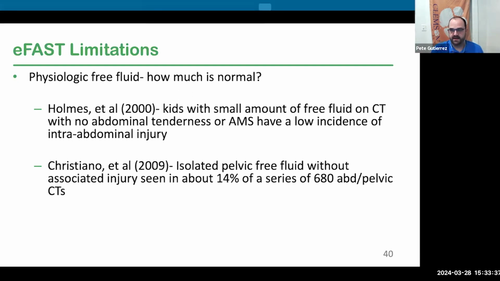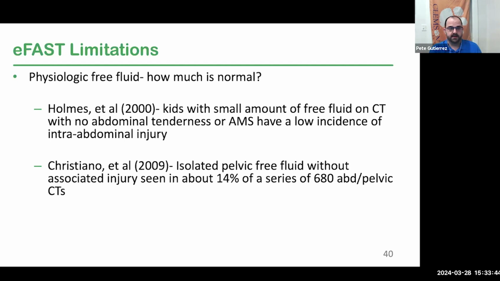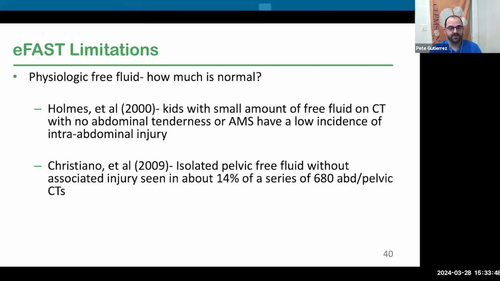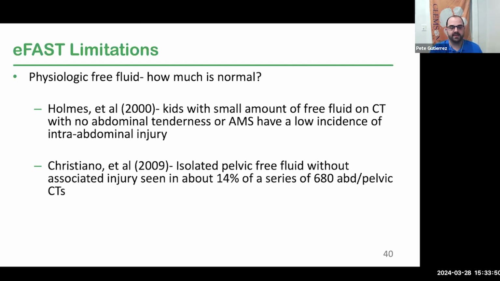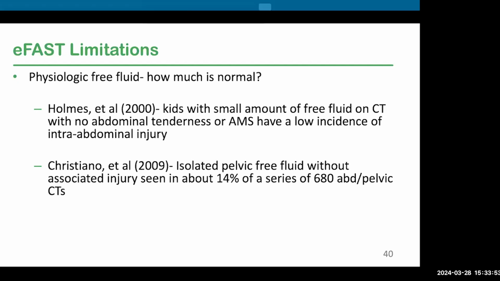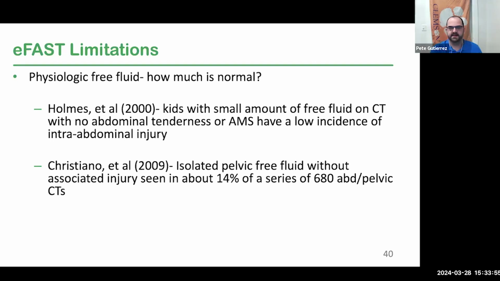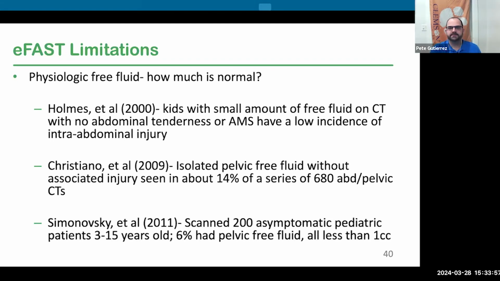And then in 2009, Cristiano and his group looked for isolated pelvic free fluid on CT scans with no associated injury, and they found that about 14% of the scans had some pelvic free fluid.